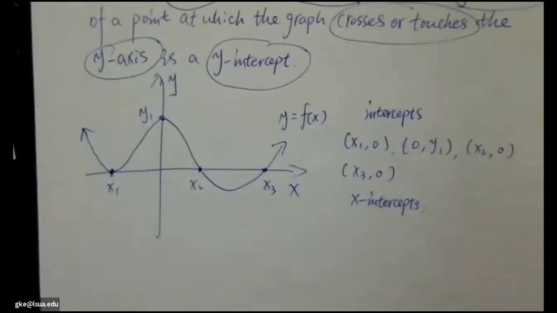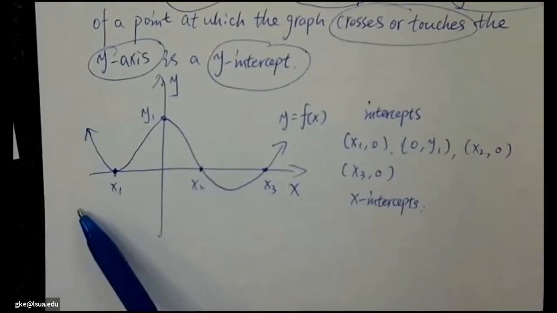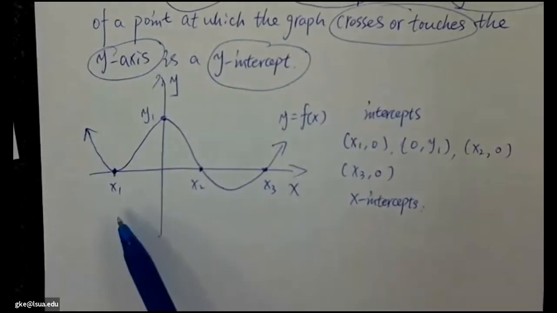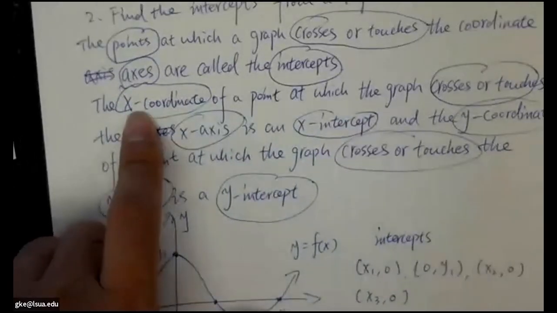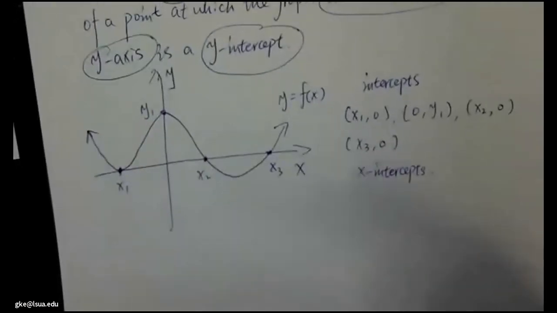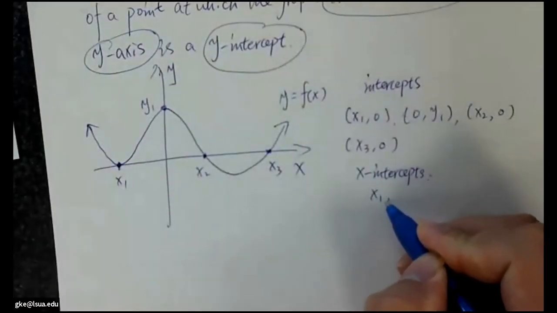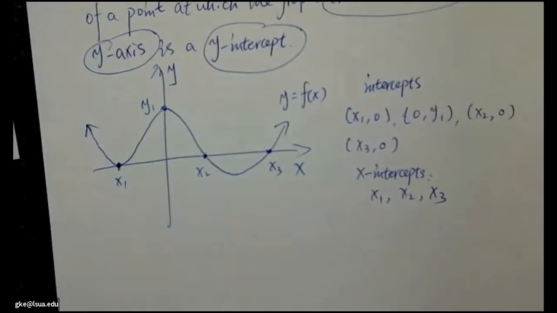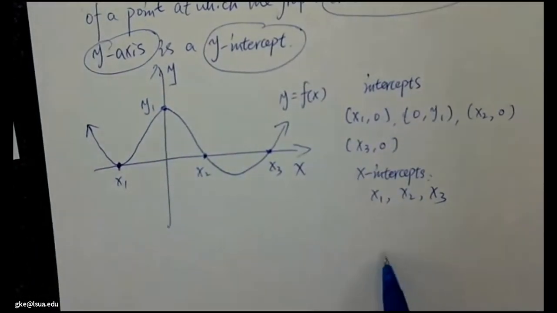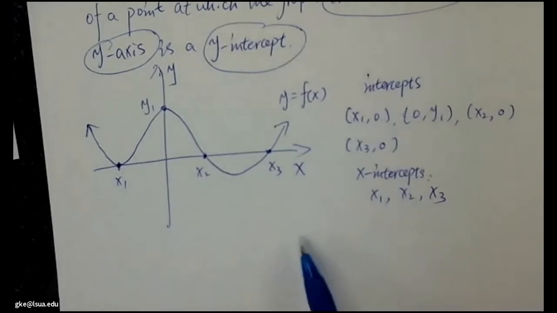Agree? And based on the definition, it is only about the x coordinate, that means our values, we have x1, x2, x3. That's not a point, it's a value, okay? We just pick the x values.